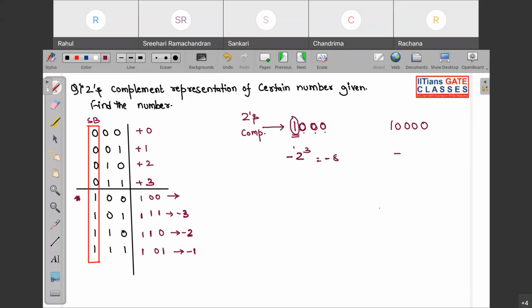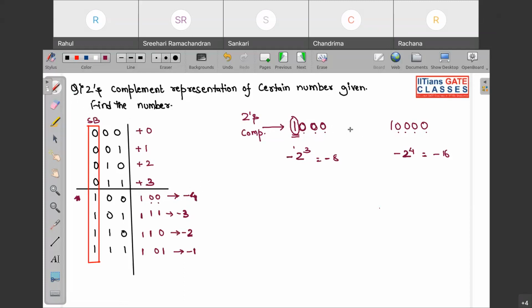What about here? This is minus 2, number of zeros 1 2 3 4, so this is minus 2 to the power 4, so this is minus 16. Over here the number of zeros is 1 2, so this will be minus 2 to the power 2, or simply minus 4. So this is a special case of 2's complement. Whenever you have such kind of numbers, you simply need to count the number of zeros.